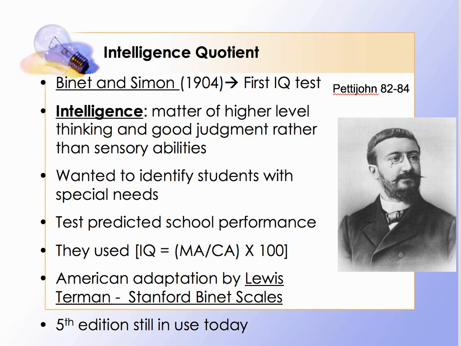I do want to note that not a lot of people use the Stanford-Binet scales of intelligence. So there are a few main versions of different ability assessments used today. The Wechsler system is very, very popular, and there are multiple versions of the Wechsler system. For instance, an IQ test for preschoolers, for children, for adults, an abbreviated IQ test.